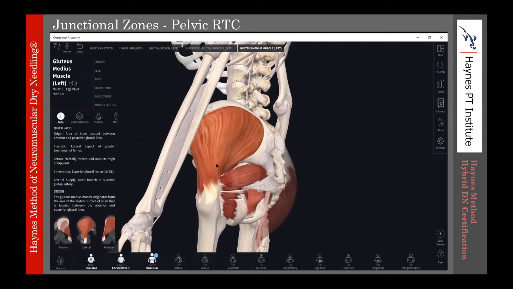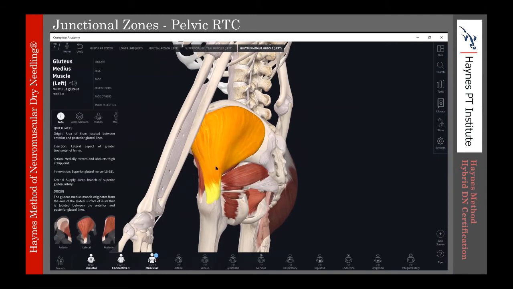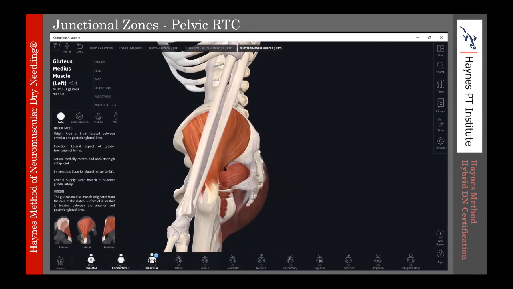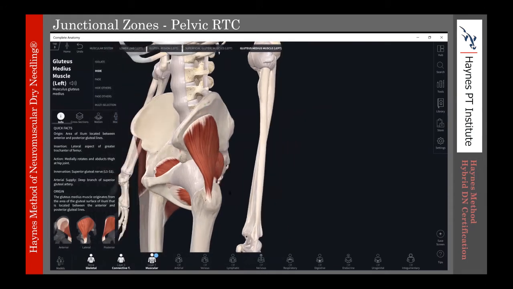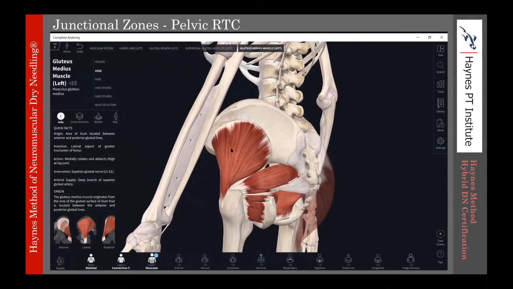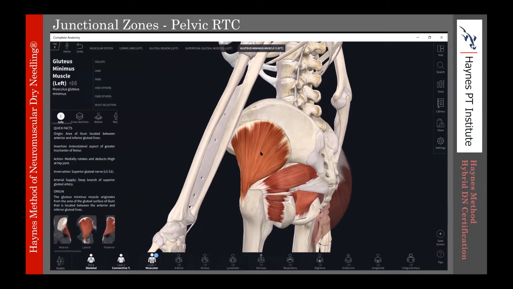Its action is medially rotating and abducting the thigh at the hip joint. And so we'll hide medius and get down to minimus. So gluteus minimus, the origin, the area of the ilium located between the anterior and inferior gluteal lines.